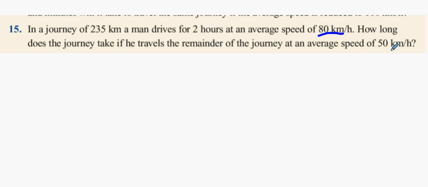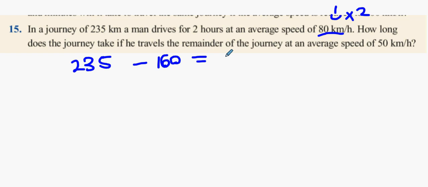Okay. So he's 235. How much distance did he cover at 80 kilometers an hour? 80 multiplied by 2? 160. How much distance remains? 75 kilometers remaining. Time equals distance over speed.